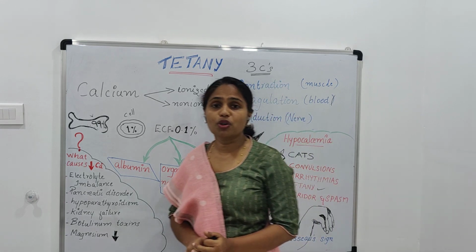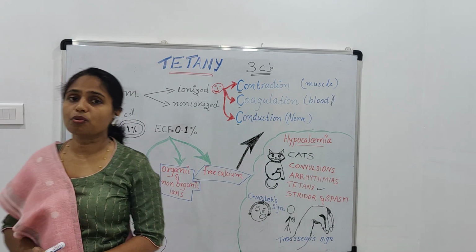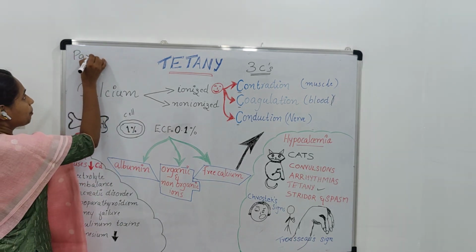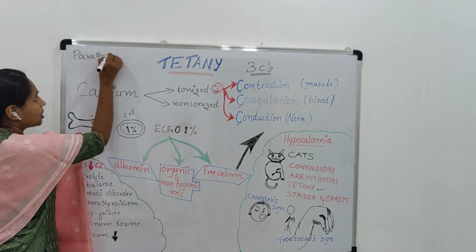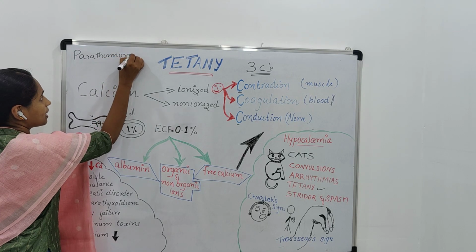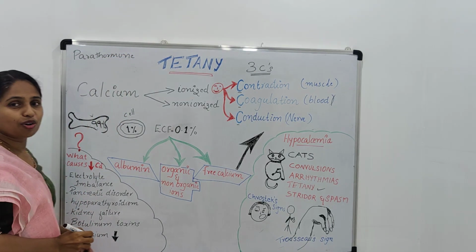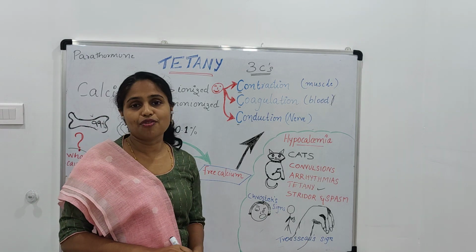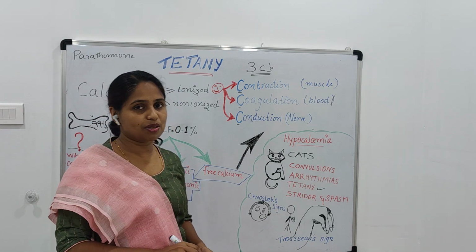When the calcium level drops, the body hormone is stimulated and the body will produce parathormone. What is this hormone? Parathormone is a hormone from the parathyroid gland, necessary for calcium and phosphorus metabolism.